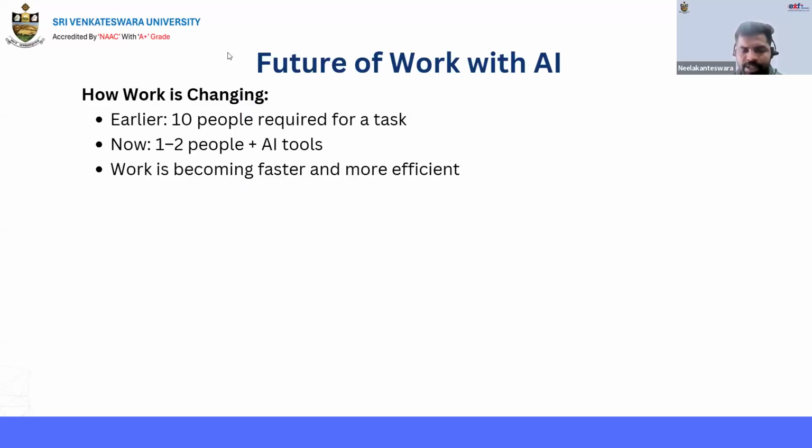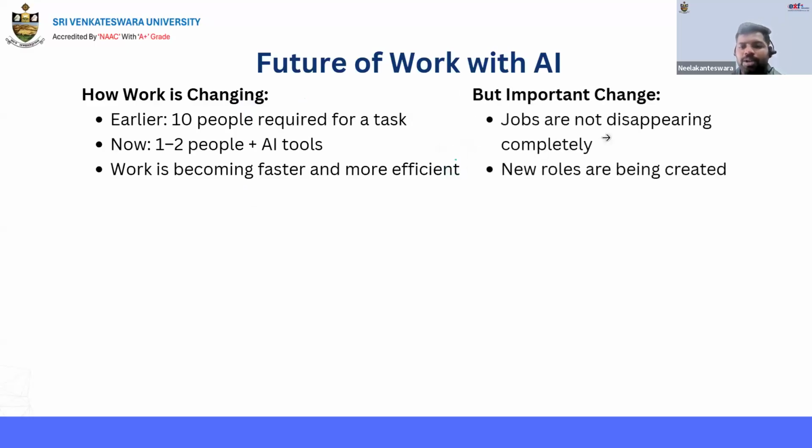Now see here, the important change is that jobs are not disappearing completely. New roles are being created. That means new opportunities are being created for those 80% of people. Layoffs are happening for those who are not adapting to AI and not working with AI.